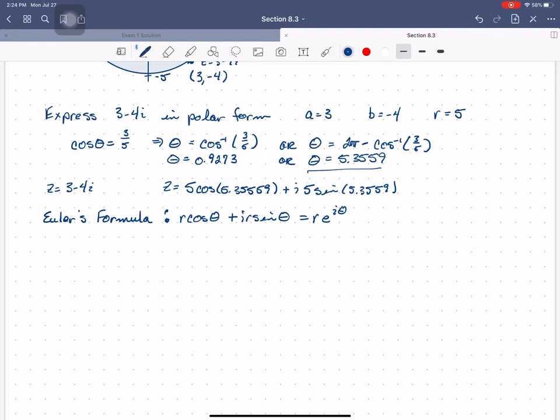I'm not going to prove this. Your textbook doesn't prove this. We are just going to accept it. This is where things get really interesting. Because what it means is that we can take this number z equals 3 minus 4i and write that as 5 times e to the 5.3559i.